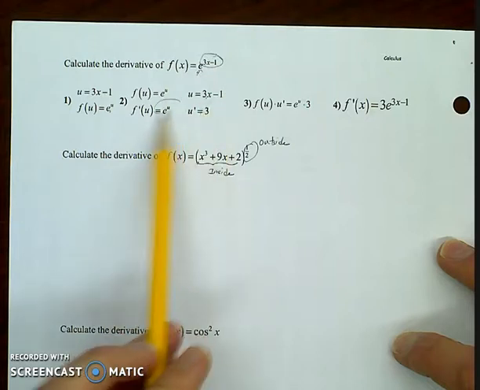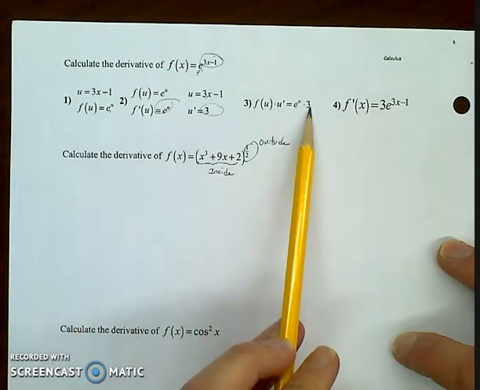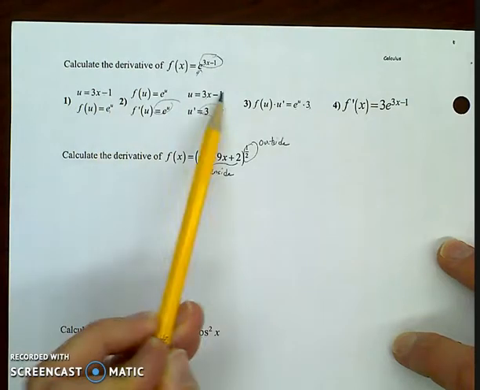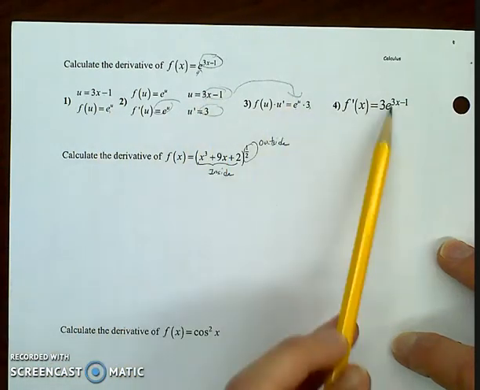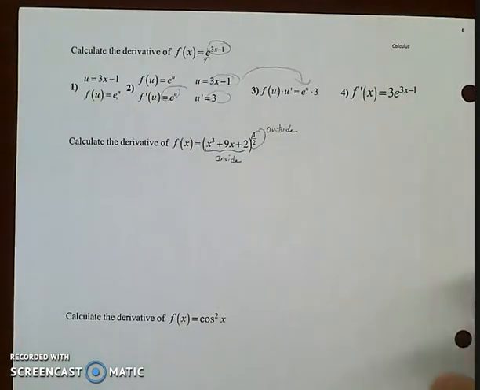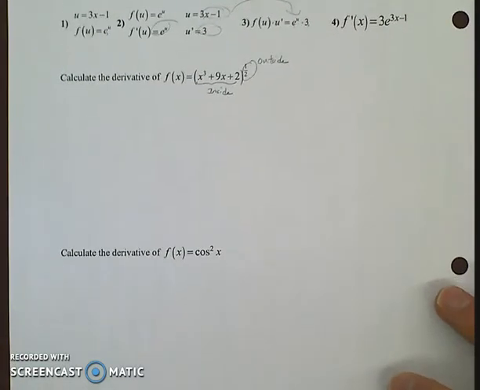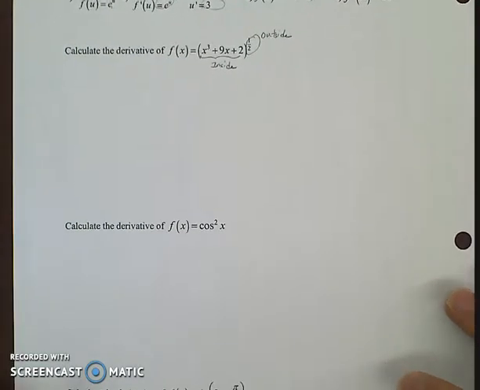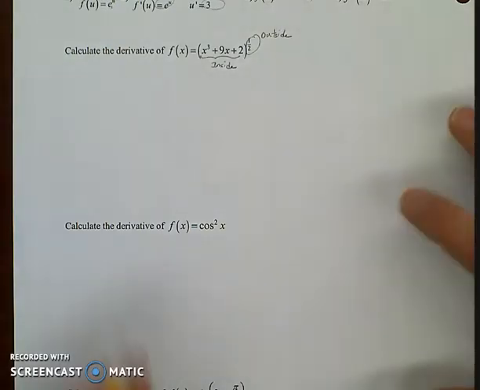Multiply these two together, e to the u times 3. Plug what u is back in. Bring the 3 out in front, e to the 3x minus 1. So again, if you need to, go back, re-look at those. I'm going to move on to doing the next 2 examples.